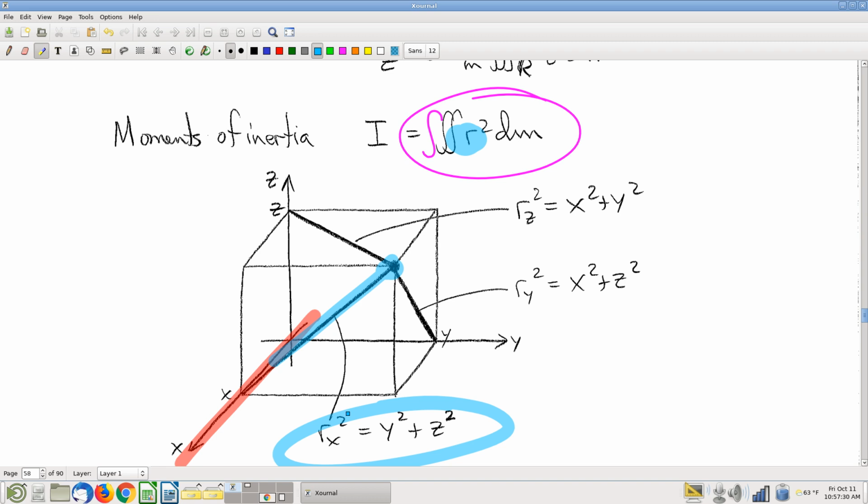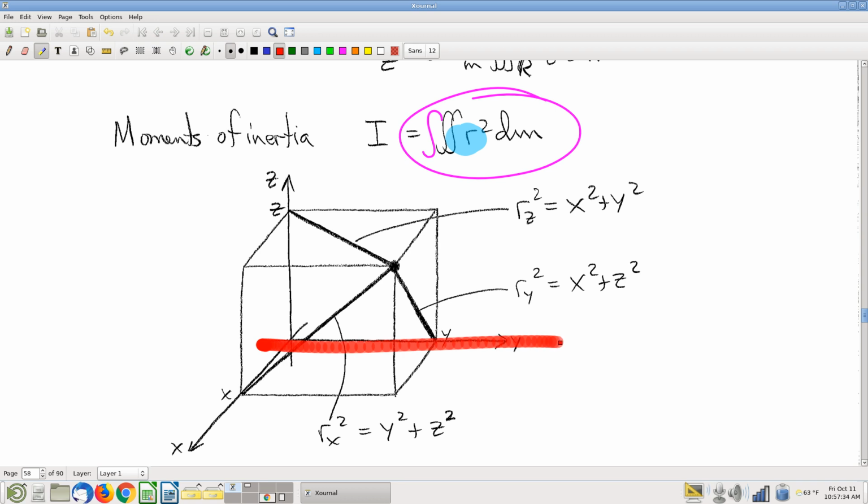Right? On the other hand, if you are rotating around the y-axis, then r is that, which is determined by that little Pythagorean relationship. All right, so please don't memorize formulas for r for these axes. It's a mistake.